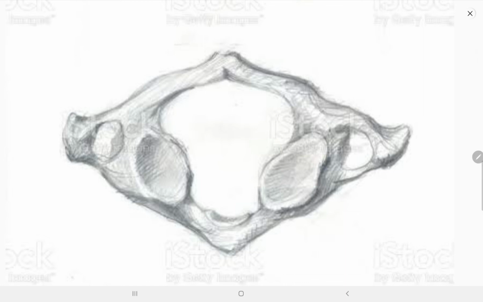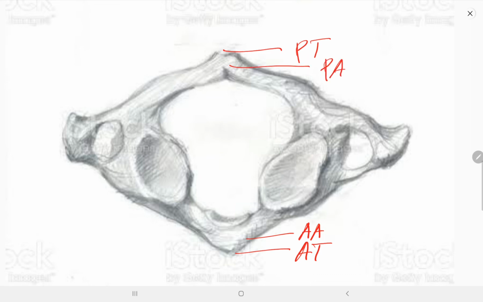You can see here there are two surfaces containing tubercles, anterior and posterior. This is the anterior tubercle and this is the posterior tubercle. According to them, they have the arches here, anterior arch and posterior arch.